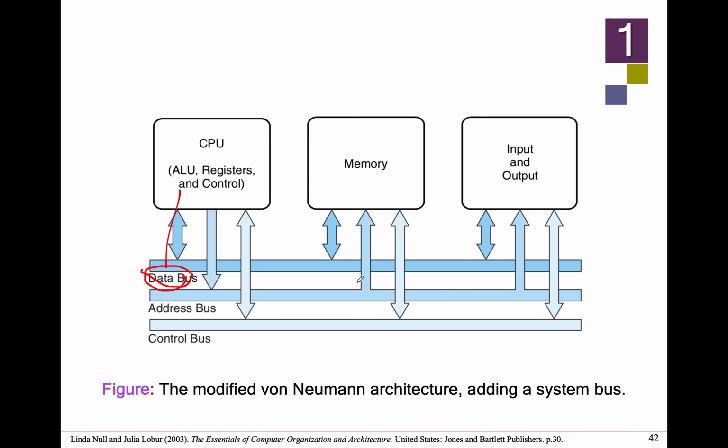Data is going to have its own bus, so there is a data bus, an address bus, and then a control bus, and they are connected together to memory and input output as well.